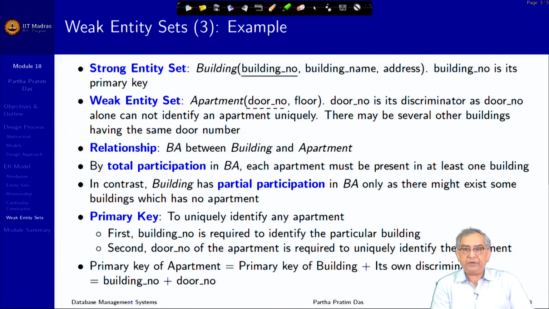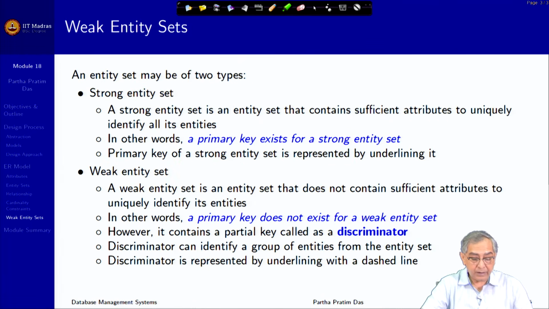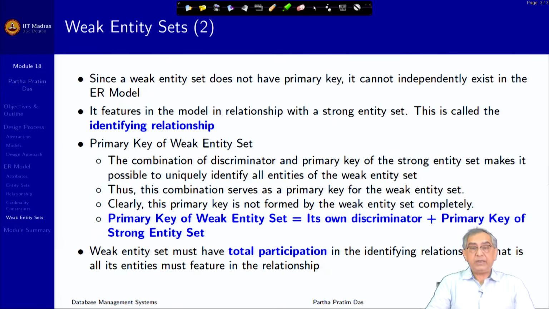If an entity set is strong, it has a primary key which is shown by underline. If an entity set is weak, it has a discriminator, which is the door number. And the relationship, I am just going back one slide because I jumped, this relationship BA that you have seen is called the identifying relationship, because through this relationship every entity in the weak entity set is getting its identity.